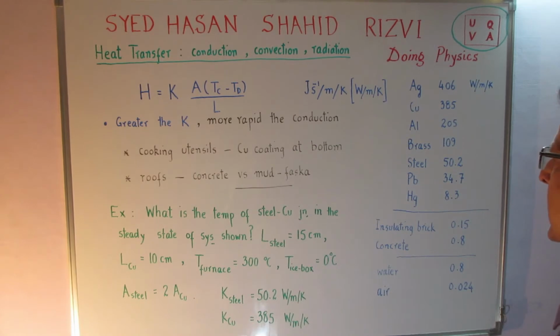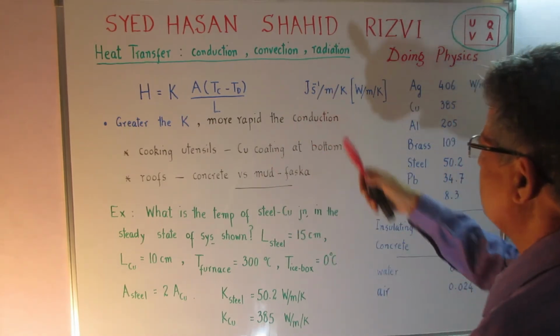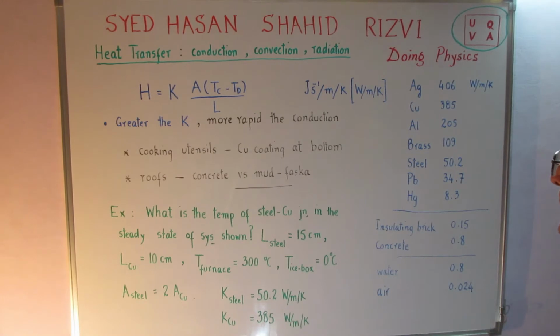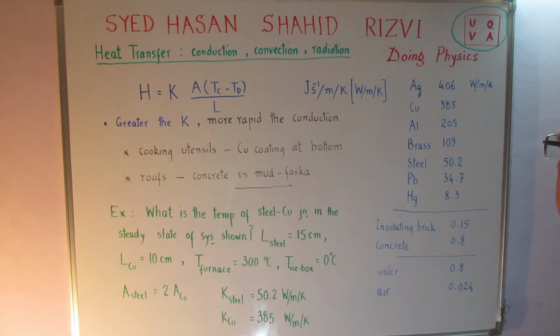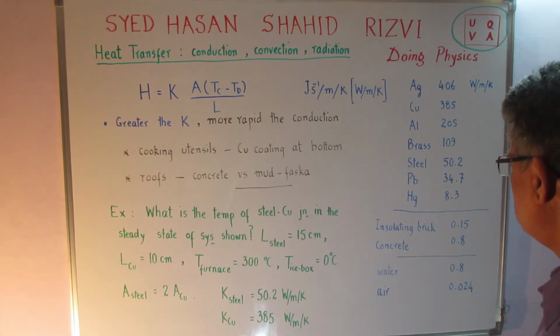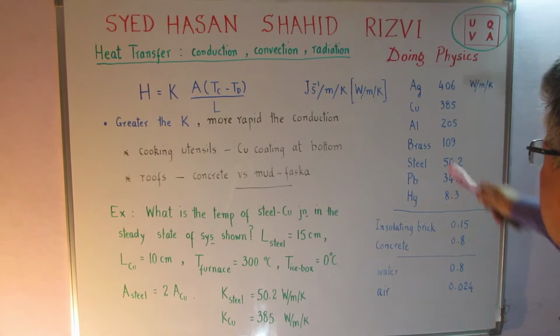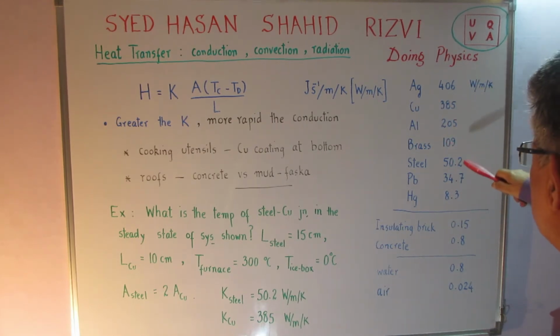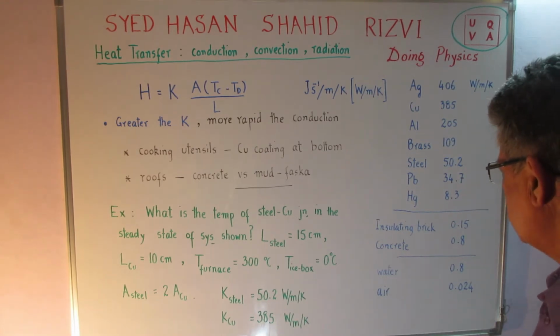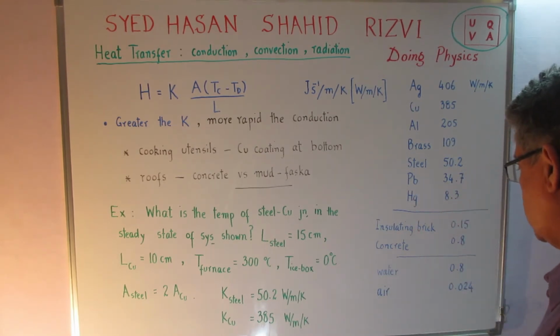Now, if we study the value of K, which is given in joules per second per meter per Kelvin, or watts per meter per Kelvin, the values that I have given over here range from silver to copper, aluminum, brass, steel, plumbum and lead, and mercury.